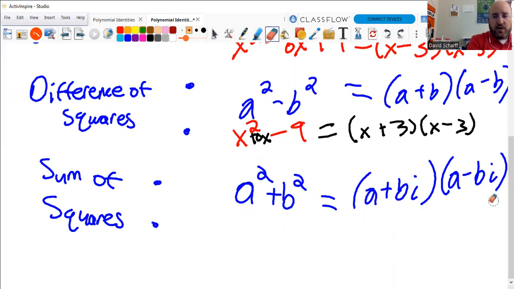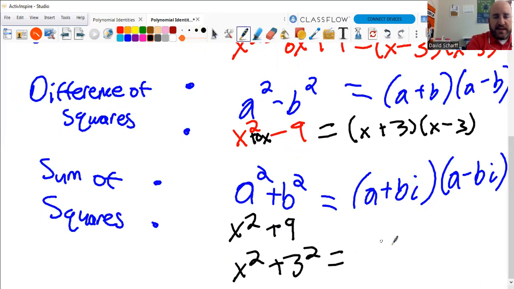So you just pretty much have to memorize this pattern. So a squared plus b squared equals a plus bi times a minus bi. So if I had x squared plus 9, which is really x squared plus 3 squared, a is x, b is 3. This would be x plus 3i times x minus 3i.